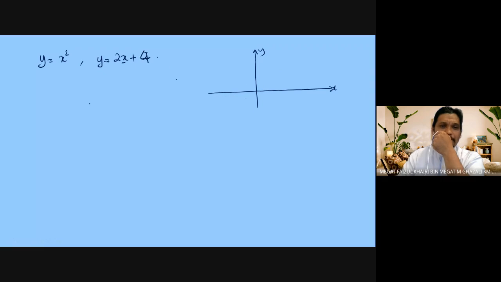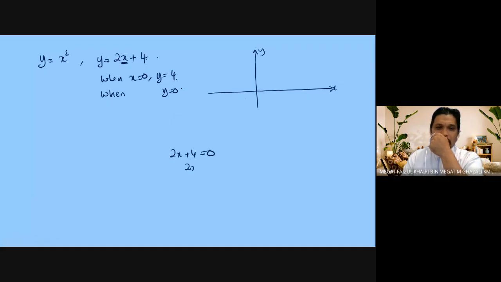2x plus 4. Okay. So when x equal to 0, 2 times 0 equal to 0, then y equal to 4. And then when y equal to 0, so that 2x plus 4 equal to 0, then 2x equal to negative 4, then x equal to negative 4 divided by 2, negative 2.